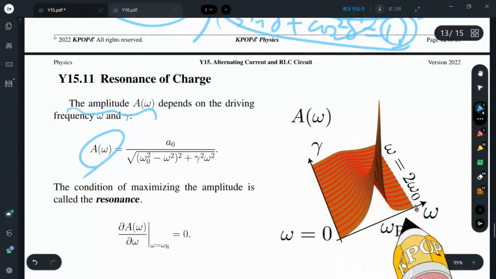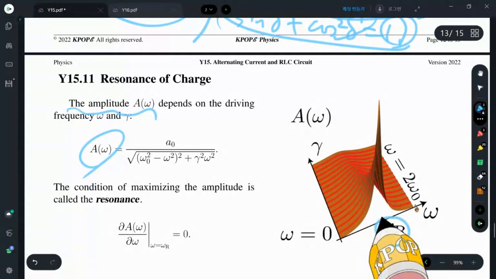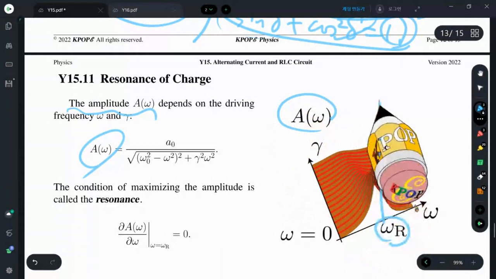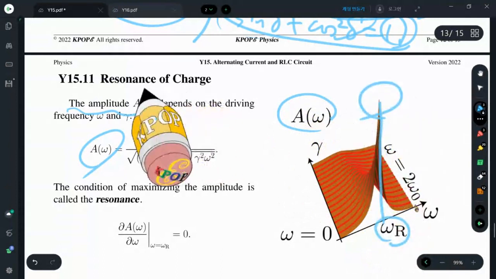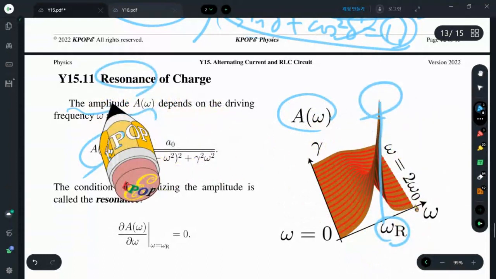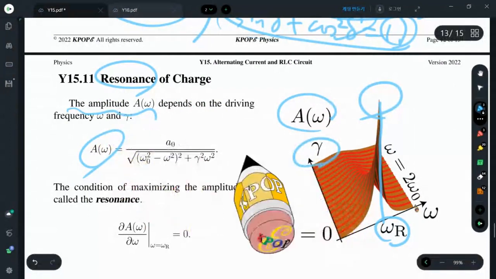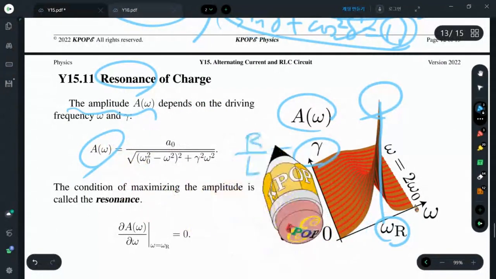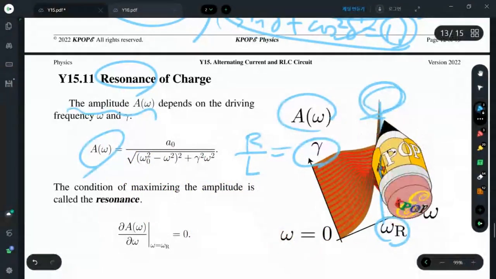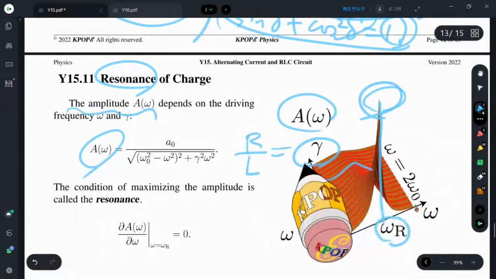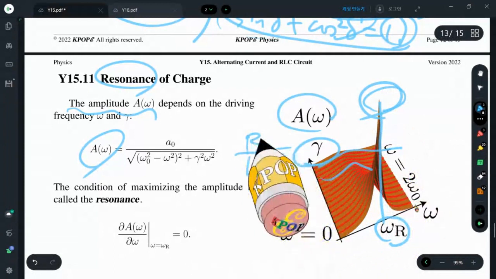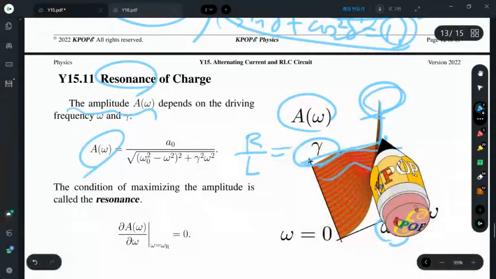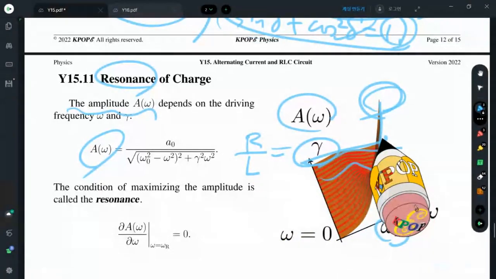And you will find that at some special value of omega, this amplitude is maximized. That is called resonance. If gamma, that is R over L, is very large, this peak becomes broader and broader, and as R goes to infinity, it is just flat.